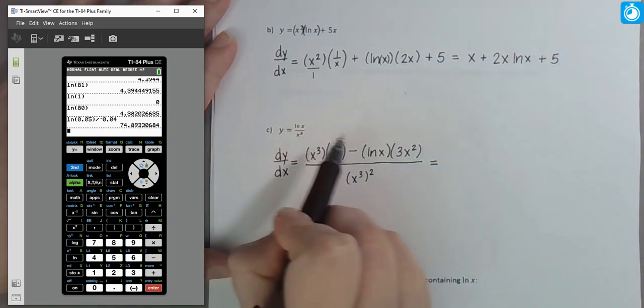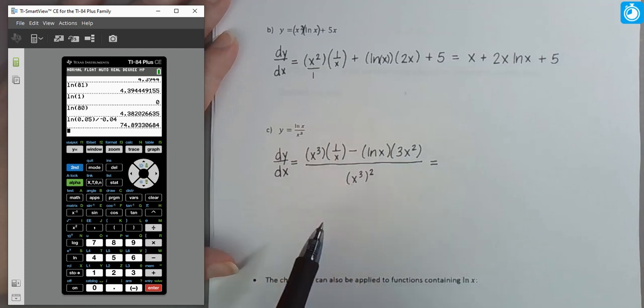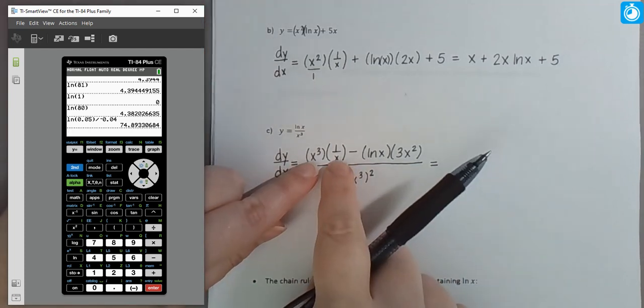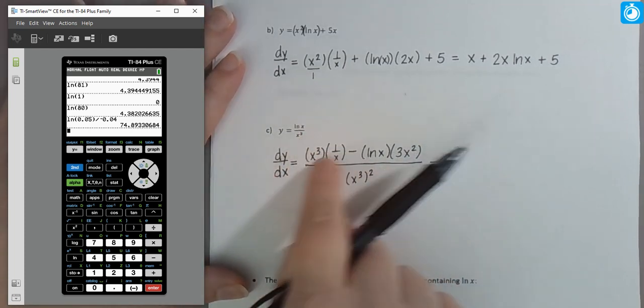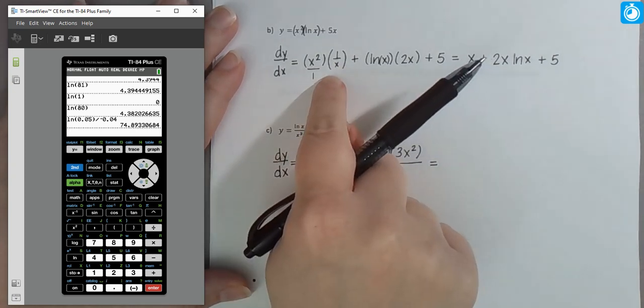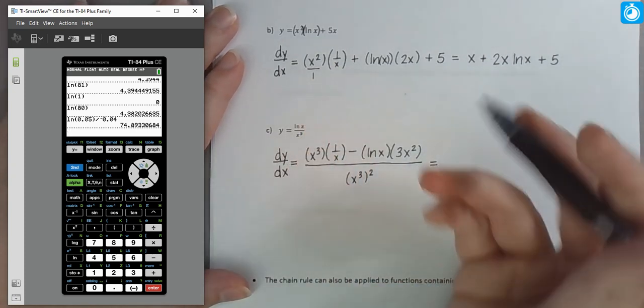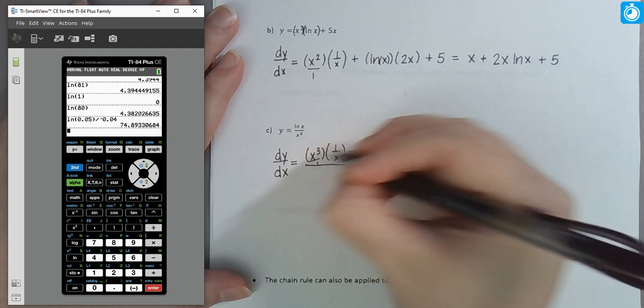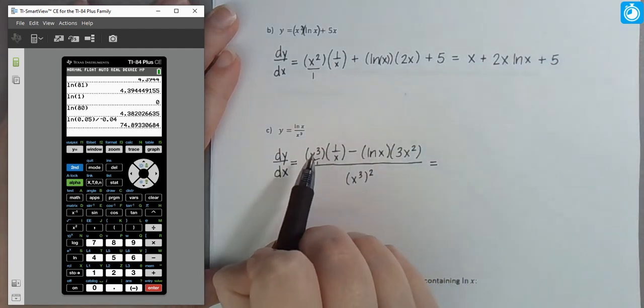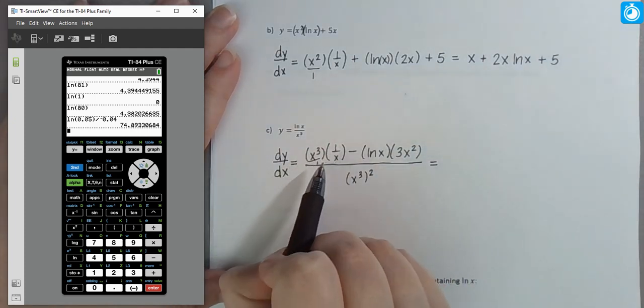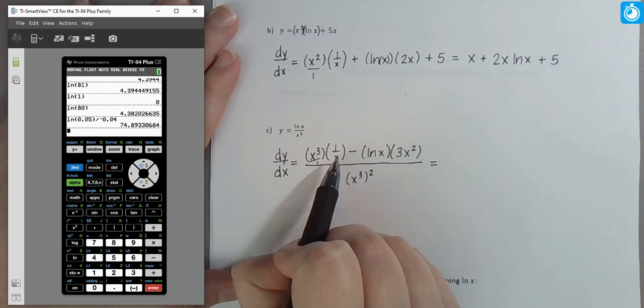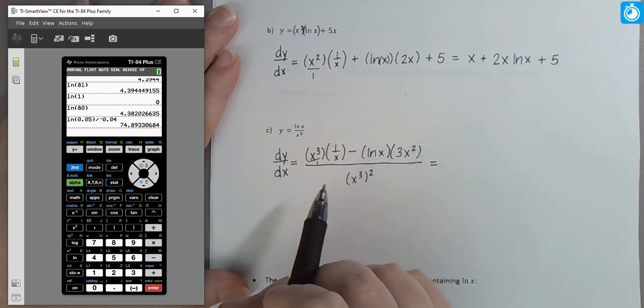Now for our first term, right now we have a fraction inside of a fraction, but notice what's going to happen here. Essentially what happens here is the same thing as what happened here. X cubed is the same thing as x cubed over 1, which means we have an x cubed in the numerator and an x in the denominator. So we have one x in common on top and bottom.